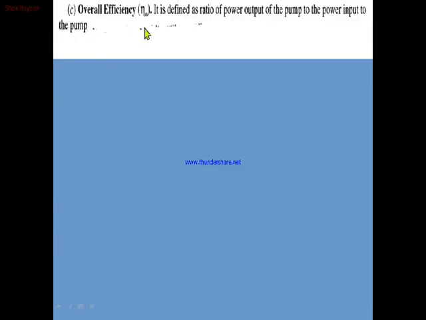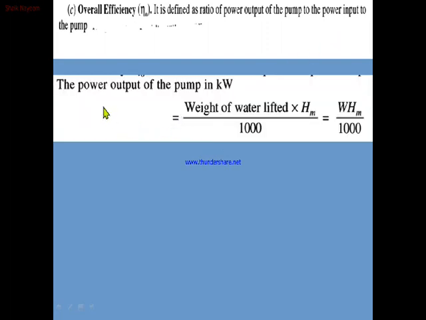The third one is overall efficiency. Overall efficiency is the ratio of power available at the output of the pump to the power at the input of the pump. The power output of the pump can be written as the weight of the water lifted into manometric head by 1000.